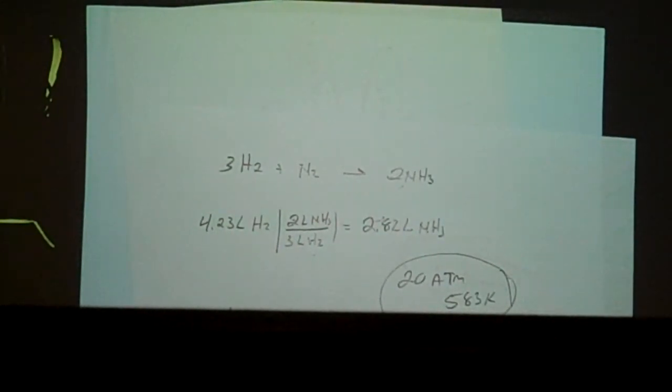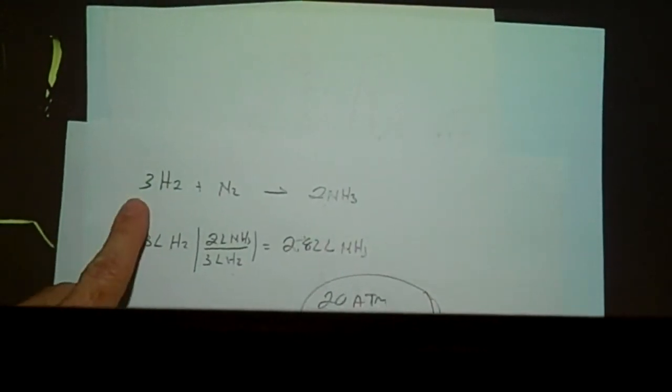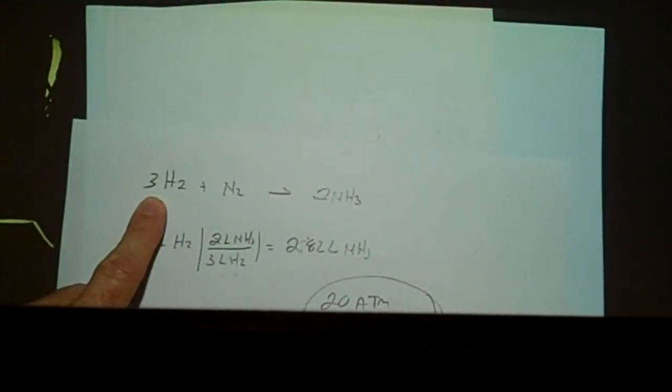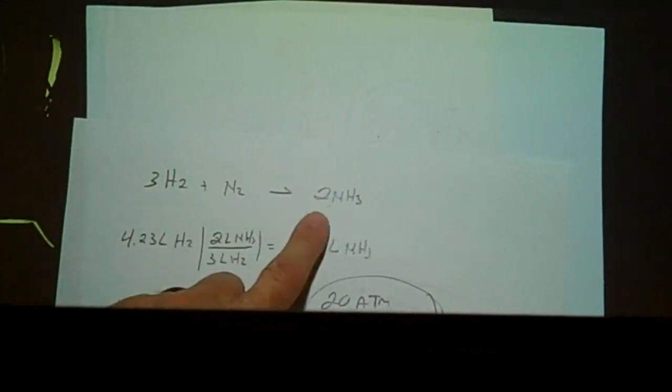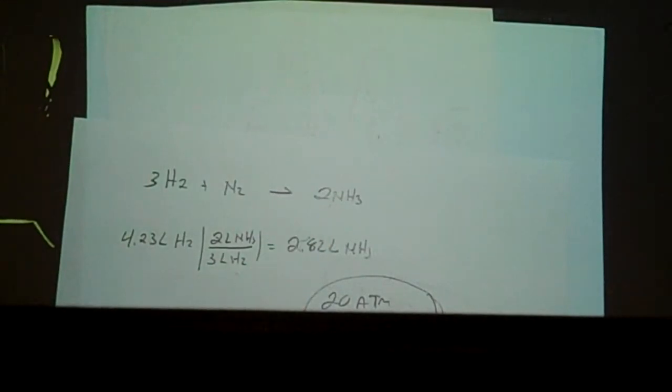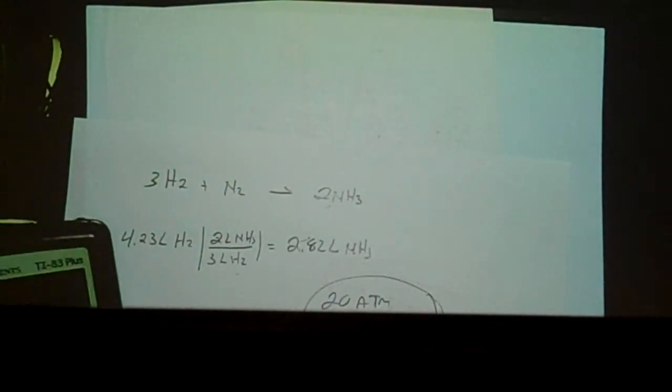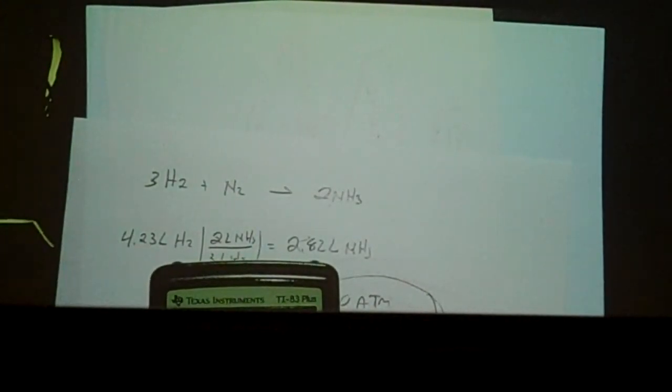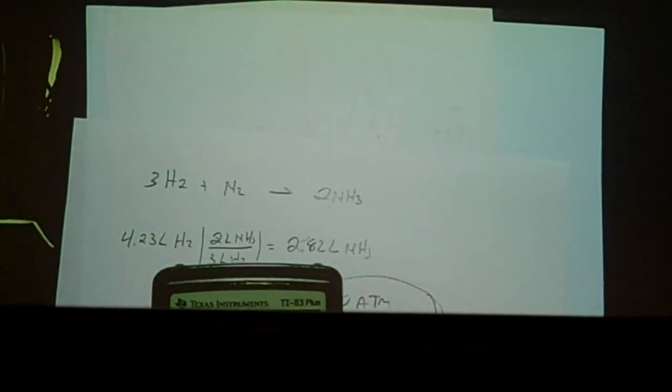Are you with me? He picked those numbers. I didn't pick them. Now I'm going to use the stoichiometry. It says that 3 moles of H2 will make 2 moles of NH3. So now I can get the number of moles of NH3 that was formed. Times 2 divided by 3 is 1.18 moles of NH3.